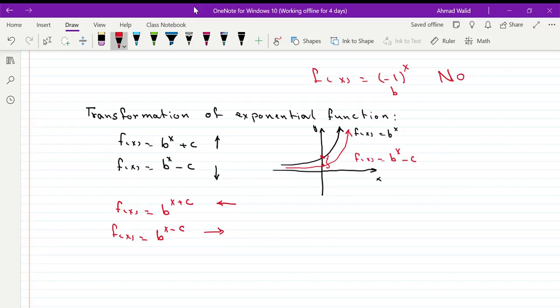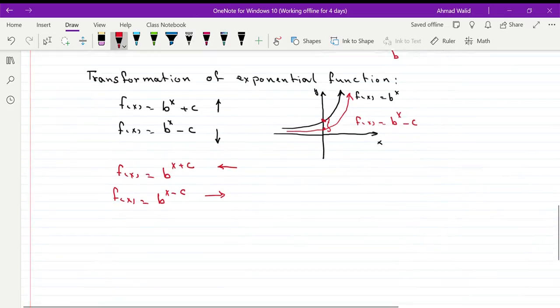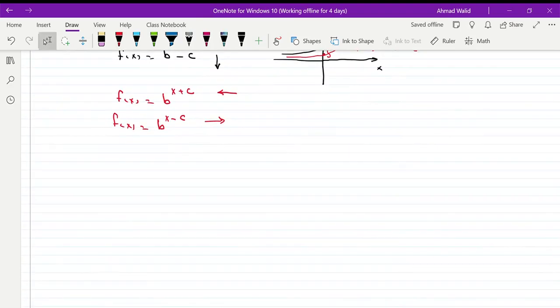Next one is reflection, right? All the transformation, the table that we discussed in transformation. If I have f of x equals vertical stretch.